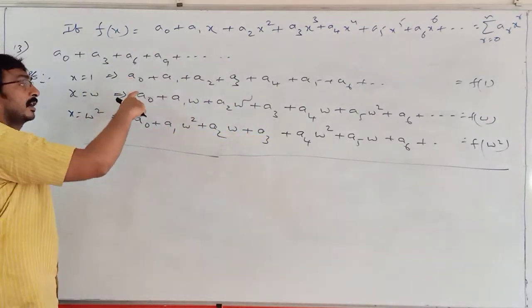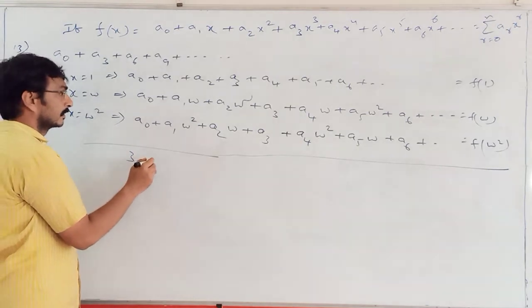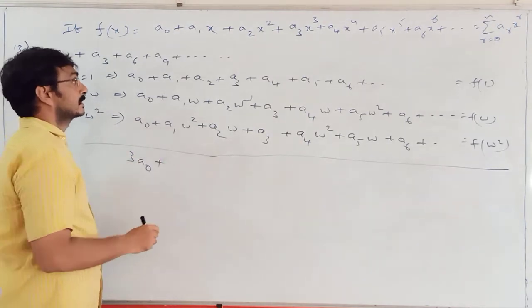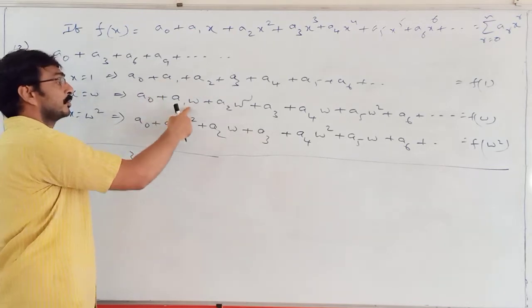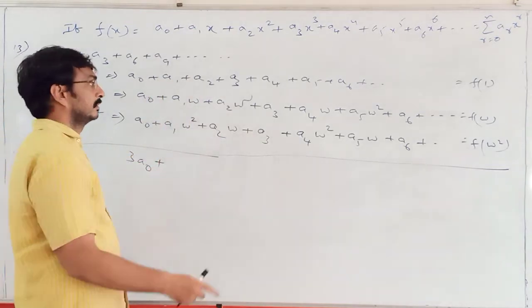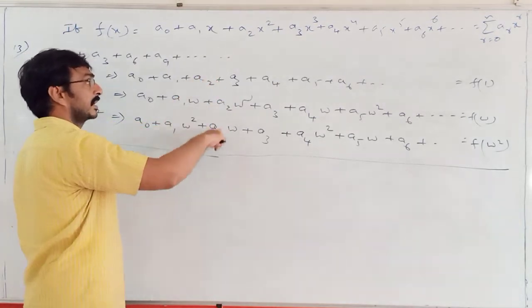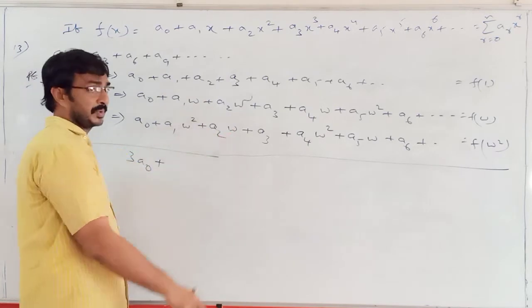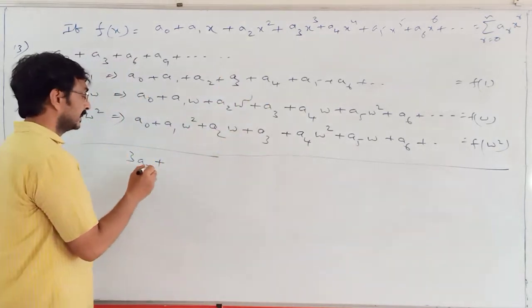See, a0 plus a0 plus a0, 3a0. Plus, by taking a1 common, we get 1 plus omega plus omega square, value 0. Similarly, by taking a2 common from these three terms, 1 plus omega square plus omega is also 0. Then a3 plus a3 plus a3, 3a3.